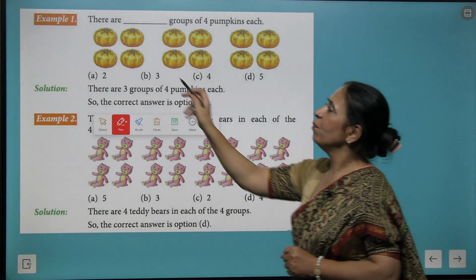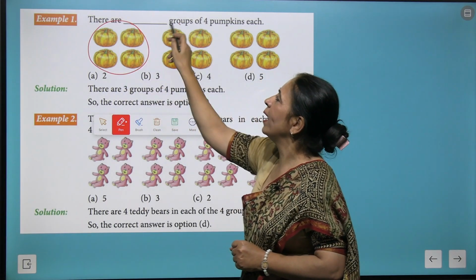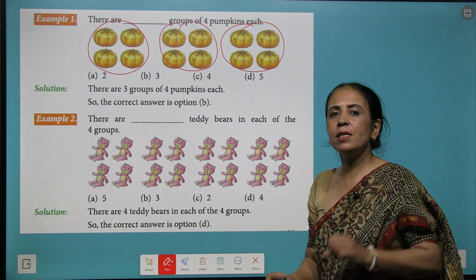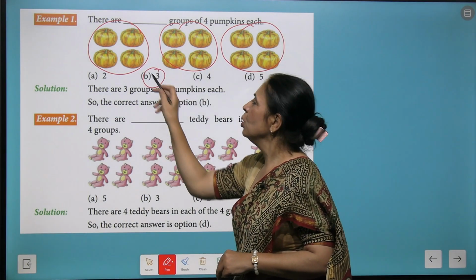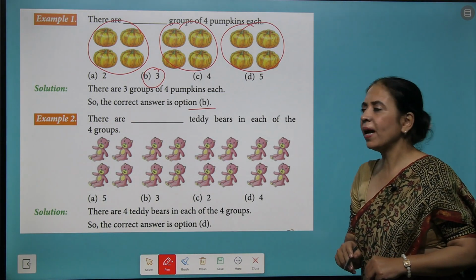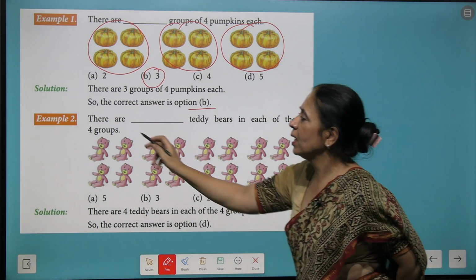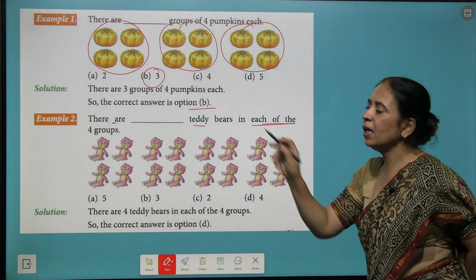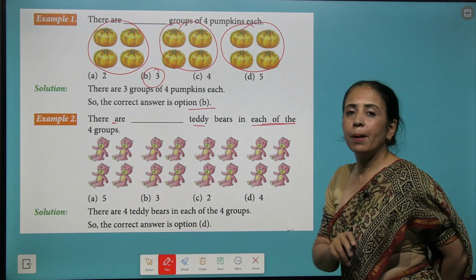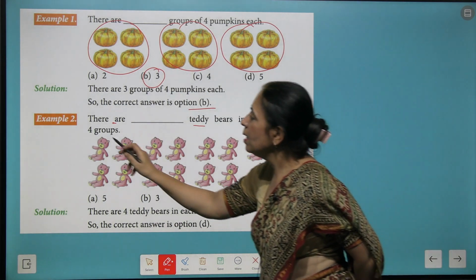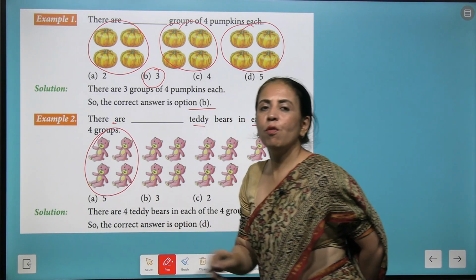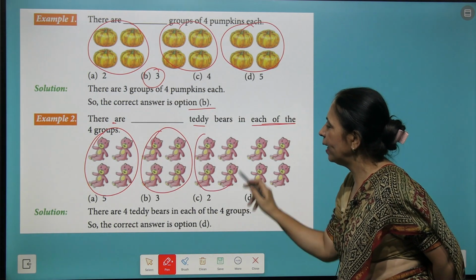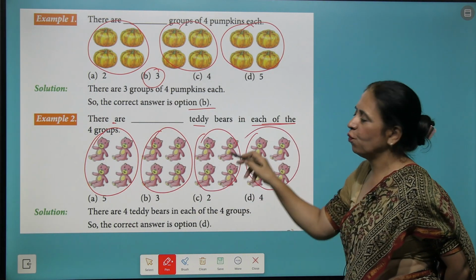It's 12, and we make one group of 4, another group of 4 and one more group of 4. That means we have 3 groups. So your B option is the right answer. The next question is, there are dash teddy bears in each of the 4 groups. That means you have to make groups of teddy bears: one group, second group, third group and fourth group.